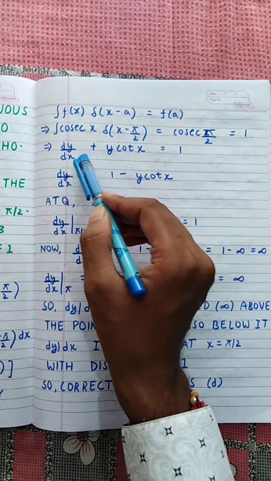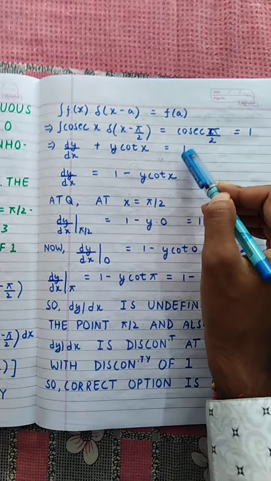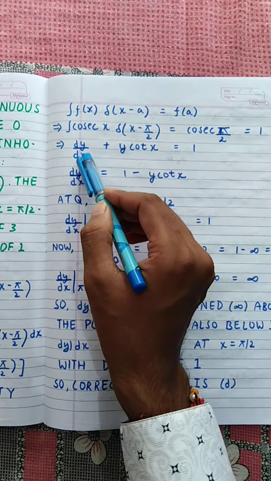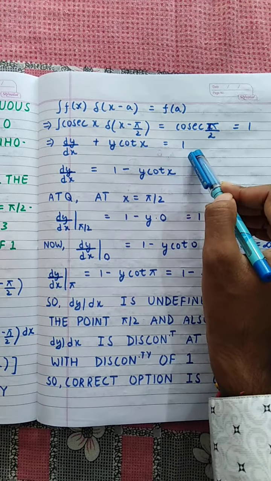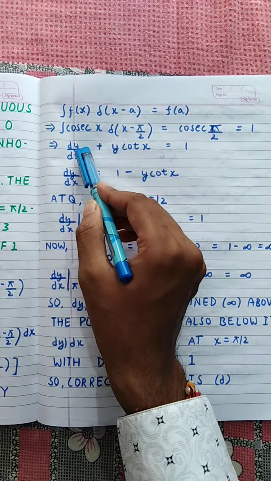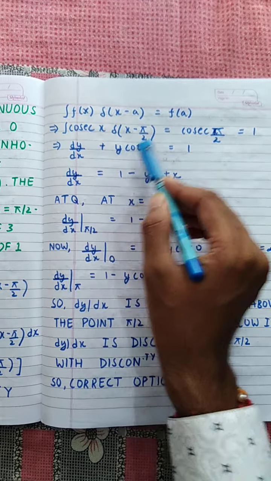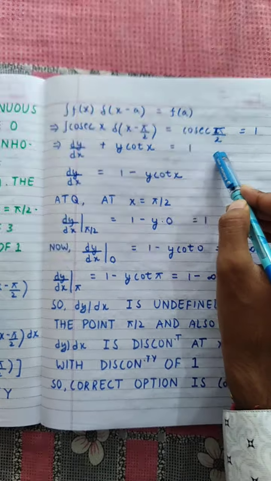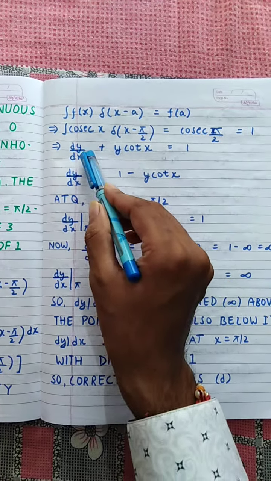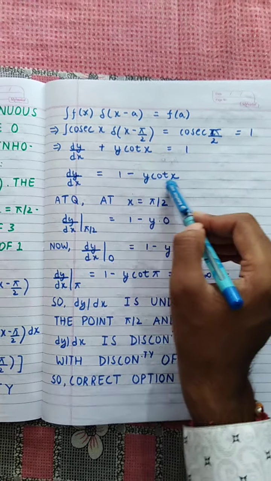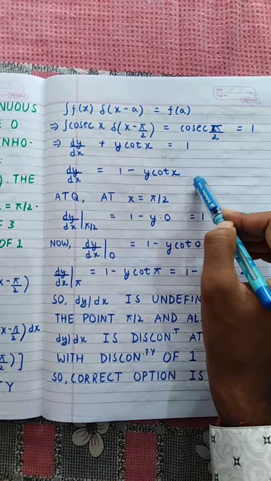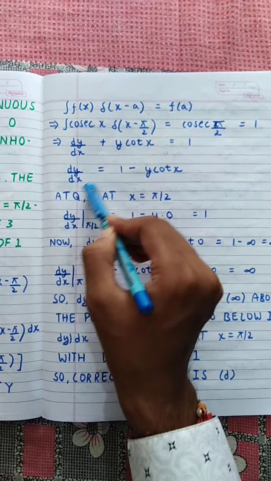So we replace the RHS by its value 1 and the LHS will remain the same. So dy/dx plus y cot x equals 1. Now keeping dy/dx on the LHS and putting the remaining things on the RHS, we obtain the expression dy/dx equals 1 minus y cot x. This is the resultant final expression for dy/dx.